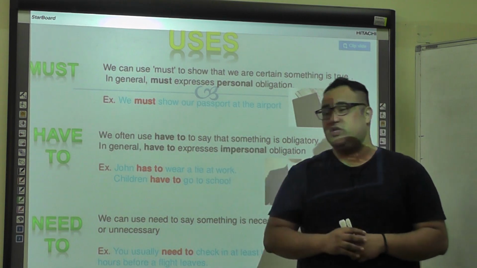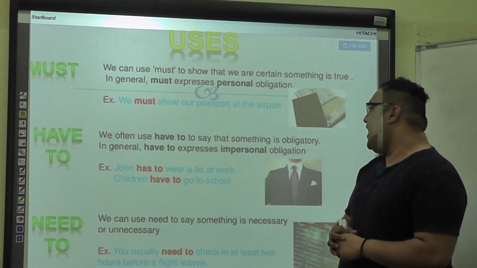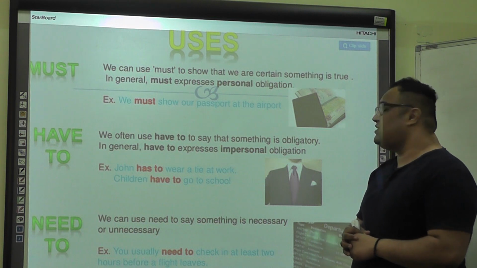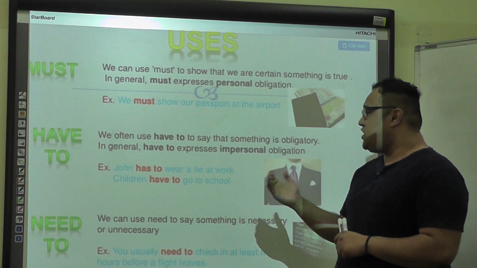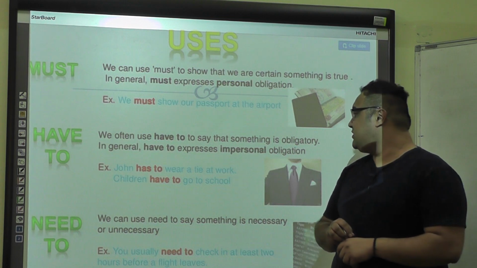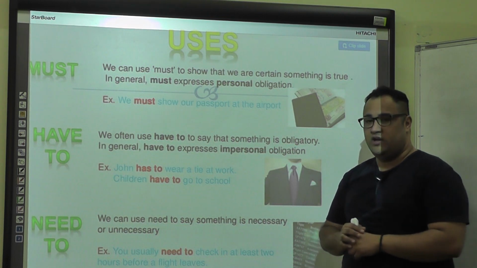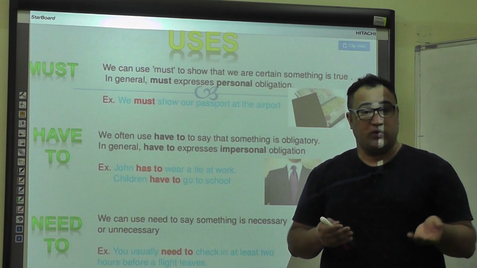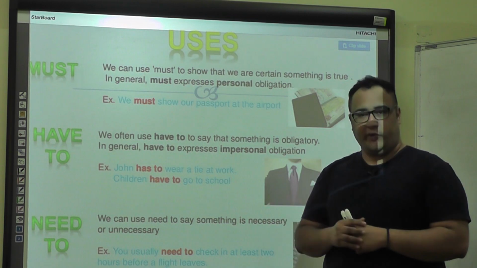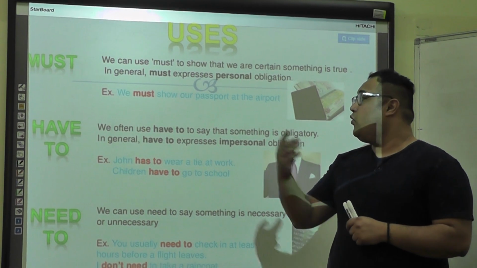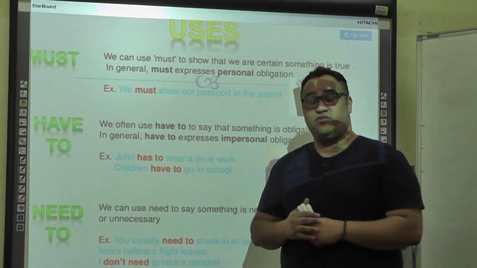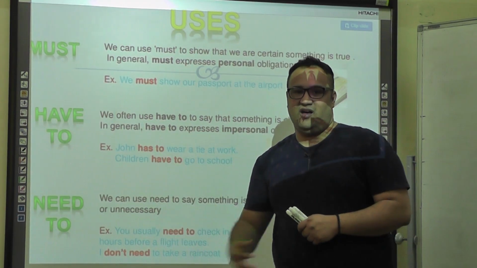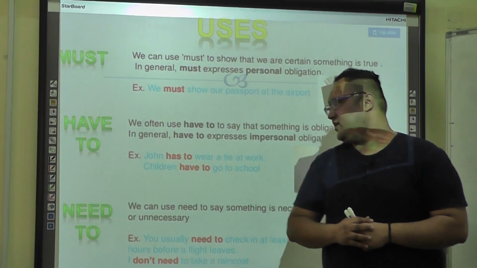Next is have to. We often use have to say that something is obligatory. In general, have to expresses impersonal obligation. Jan has to wear a tie at work. Why did we use has to instead of have to? Remember that Jan is alone, a singular subject.